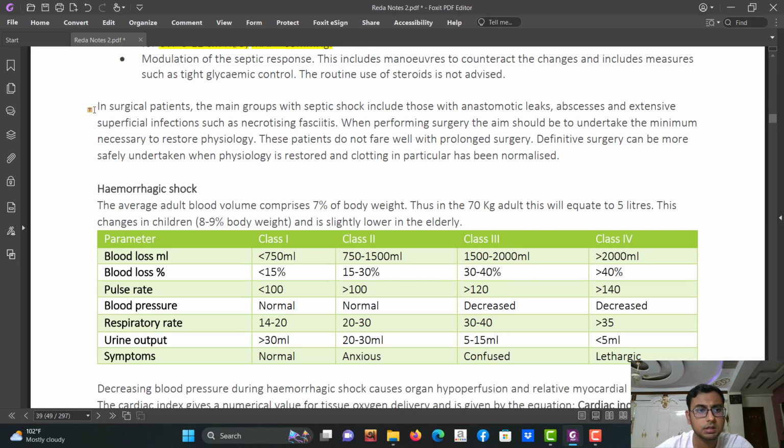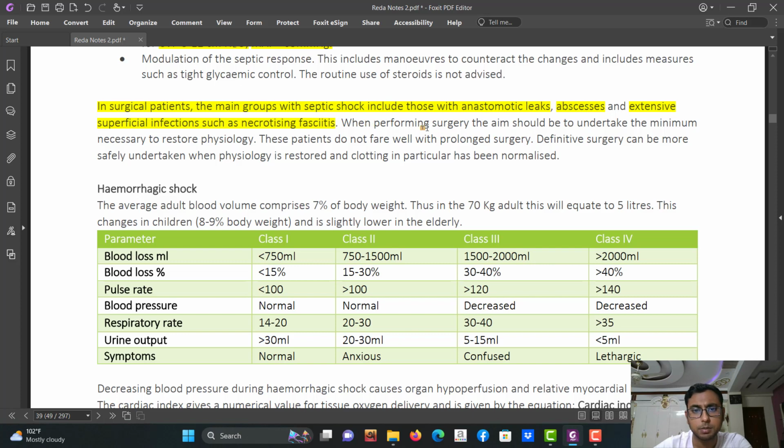Now, in the surgical patient, the main group of septic shock are those with anastomotic leakage, abscesses, extensive superficial infections and necrotizing fasciitis, that is polymicrobial infection. So in case of a specific surgical patient, we usually find the patient with anastomotic leakage, or multiple abscesses, or extensive superficial infection like Fournier's gangrene, like Meleney's gangrene.